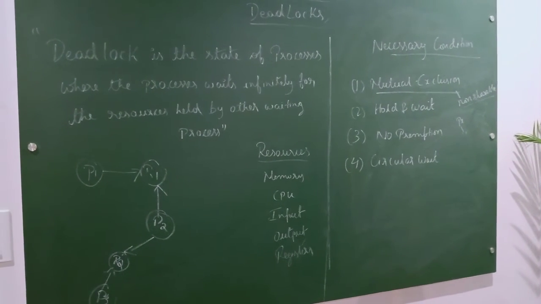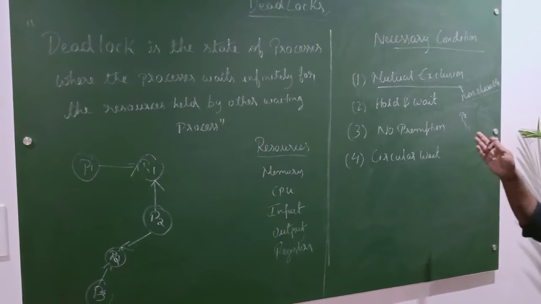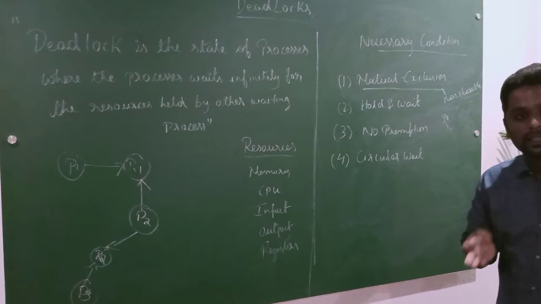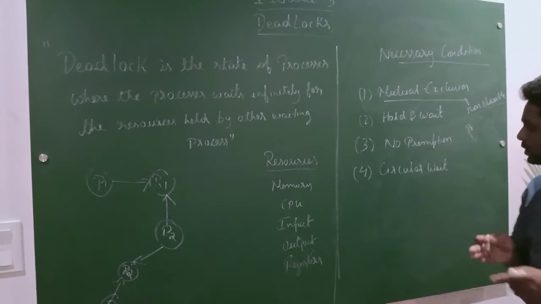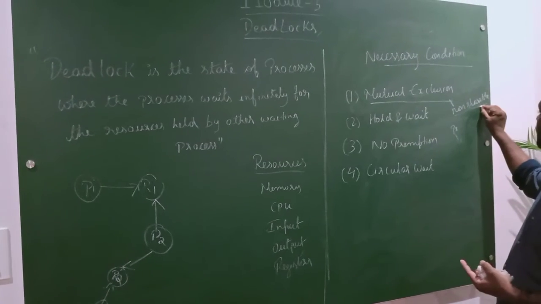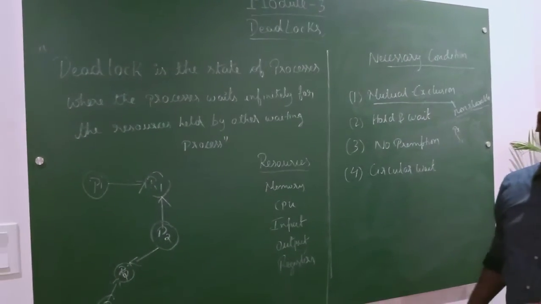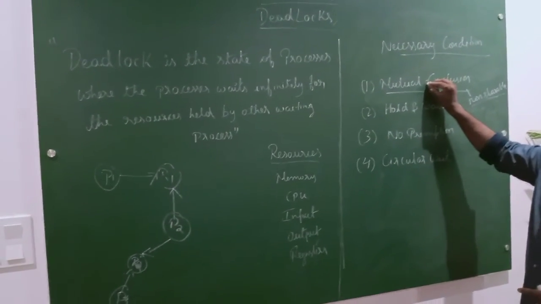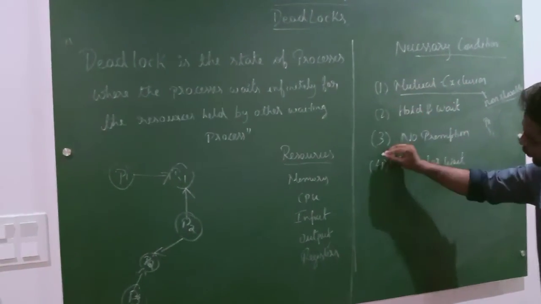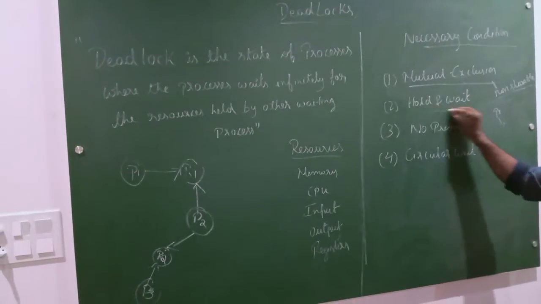If another process requests that resource, the requesting process must be delayed until the previous process releases it. So whenever it is a non-shareable resource, deadlock can occur in your system. So this is one condition where the deadlock can occur. All four conditions have to be satisfied for deadlock to occur.